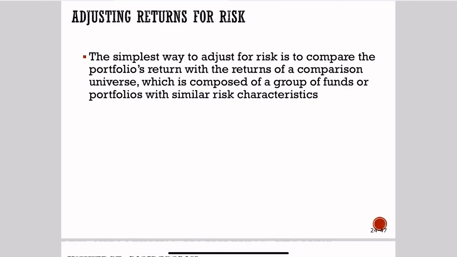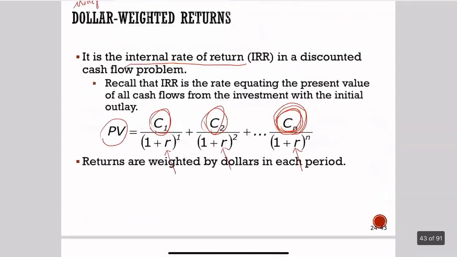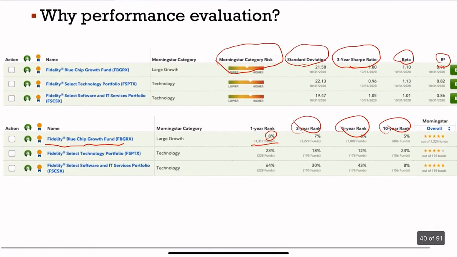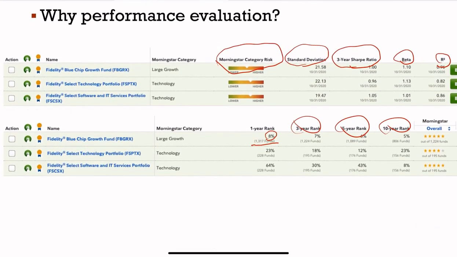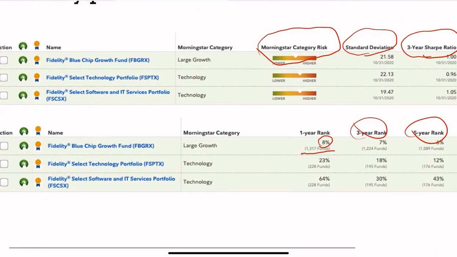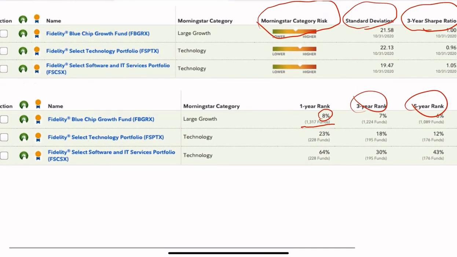So let me go to this Fidelity picture here. Let's say I am thinking about buying or investing in US tech firms. So I am thinking about this so-called Select Technology Portfolio, right?